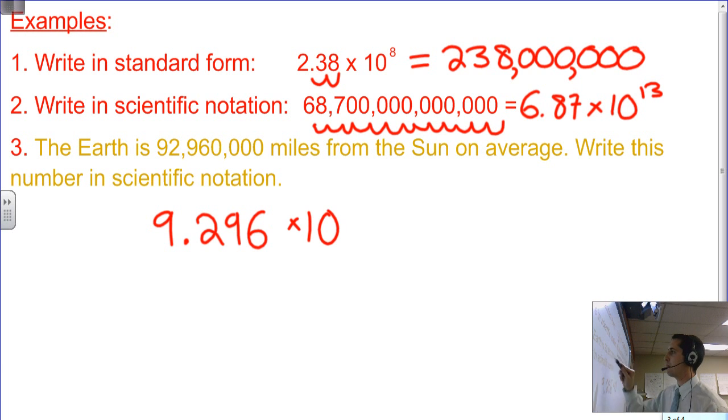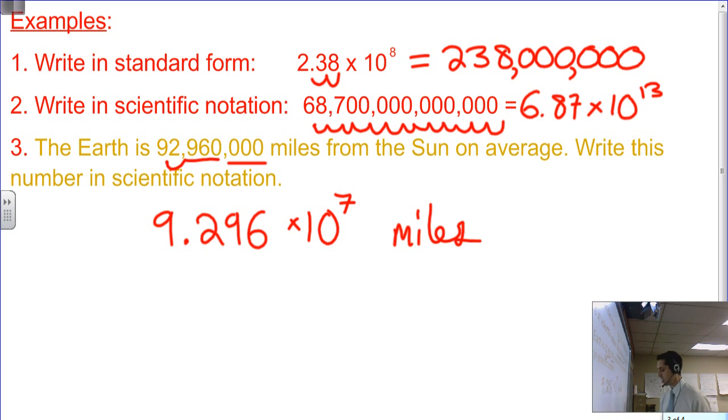So how many place values have we shifted it? Another way to do this is just to say we shifted it 3 in the first period, 3 more, or 6, and then a 7th. So we can multiply by 10 7 times. And this is the number of miles that Earth is from the Sun on average.